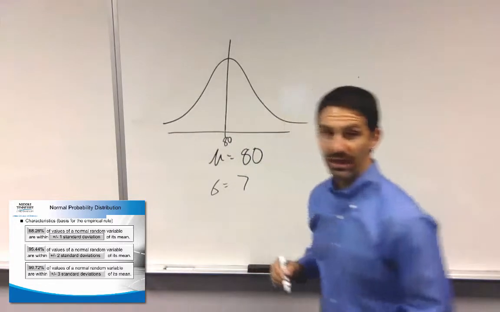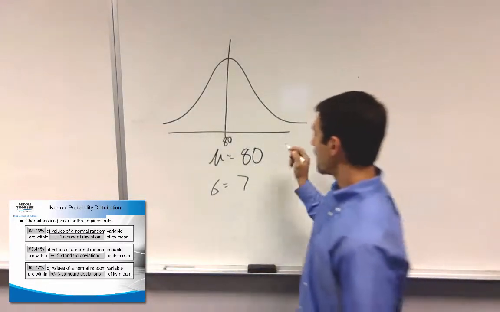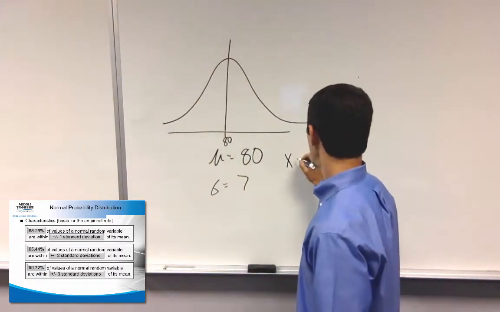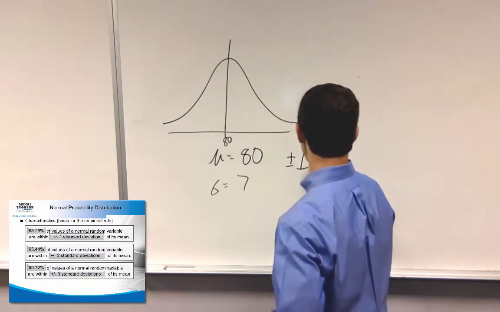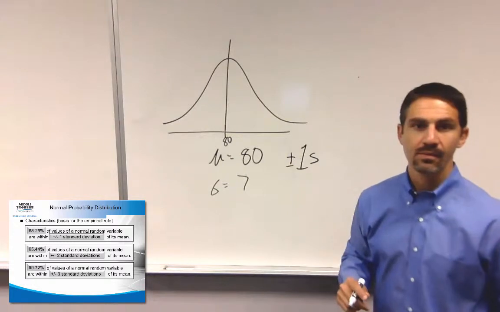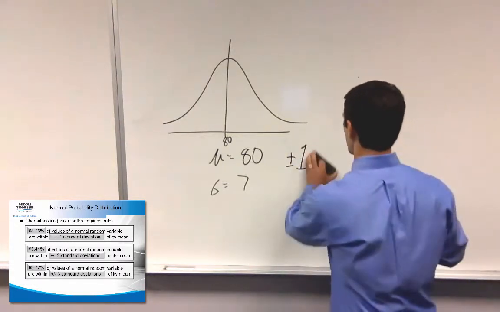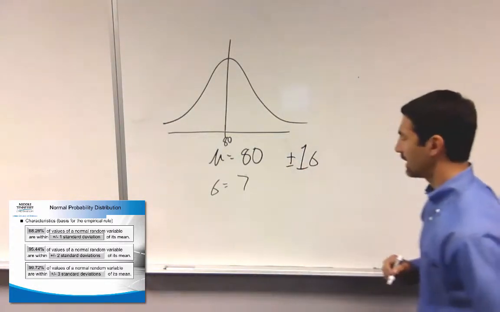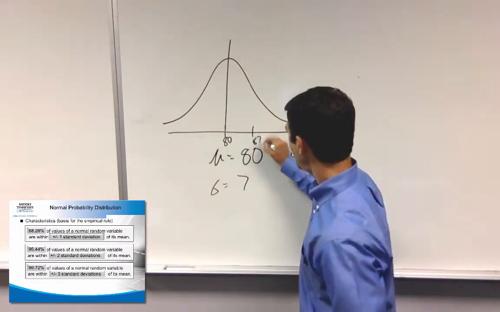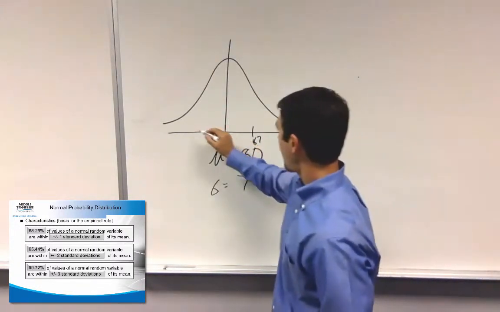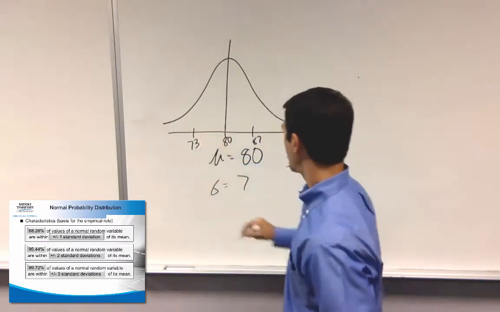This being our middle point, if I go plus or minus 1 standard deviation. In this case, actually, we'll go draw it correctly. We're talking about 87 on the one side and 73 on the other.